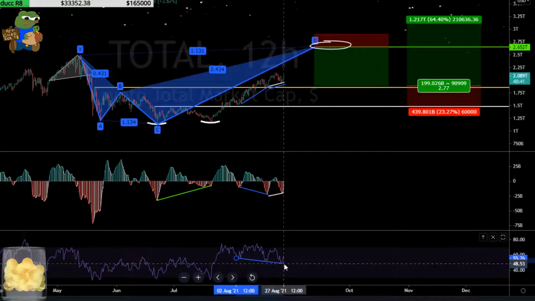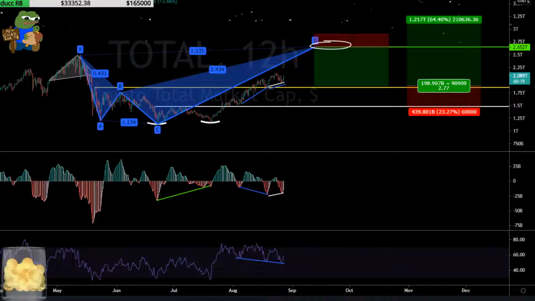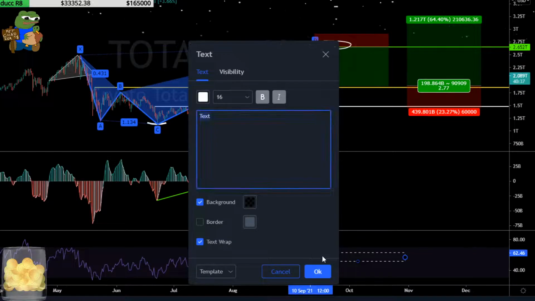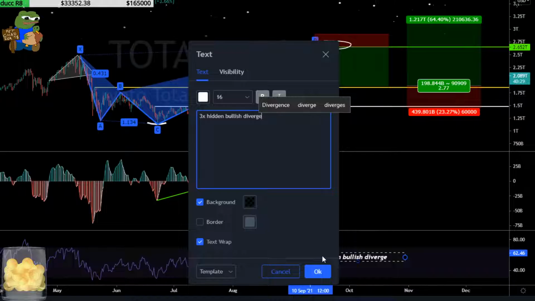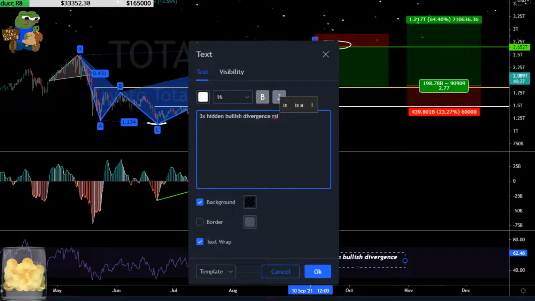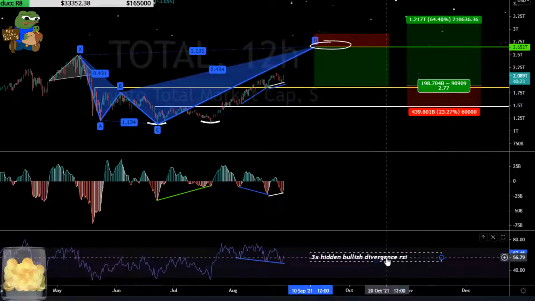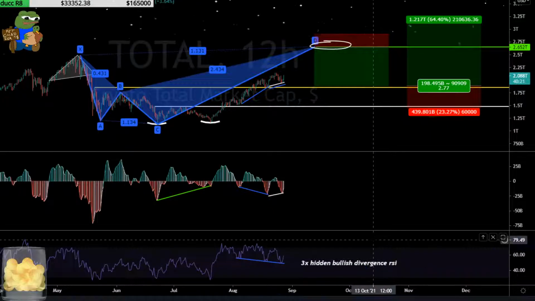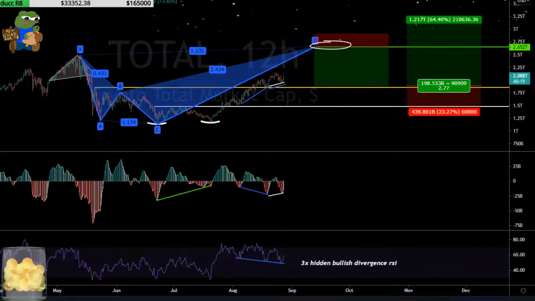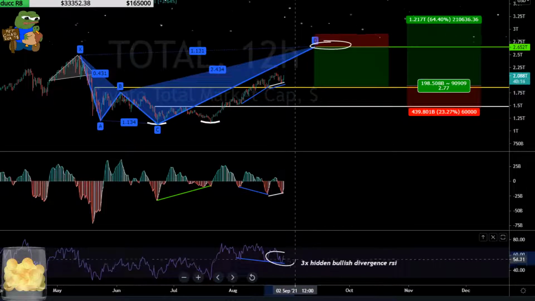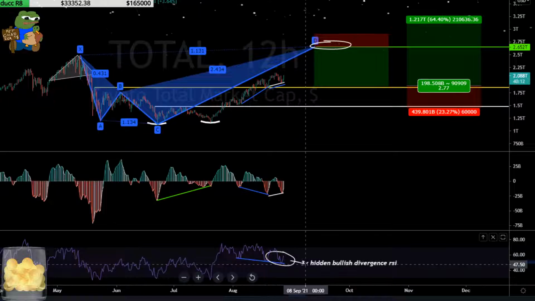So this is 3x, 3 times, and that's a rare one. That's a nasty little sucker. Okay, so let's see how that plays out. We will note that for next session and see how that plays out.